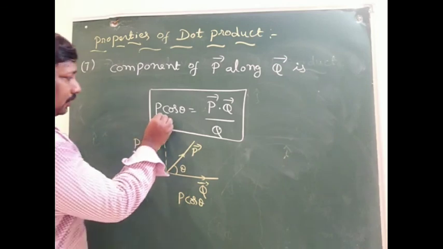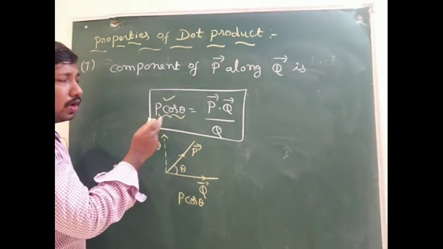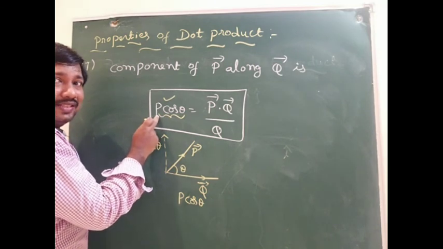So therefore, in this case, the component of P bar along Q bar is P cos theta.